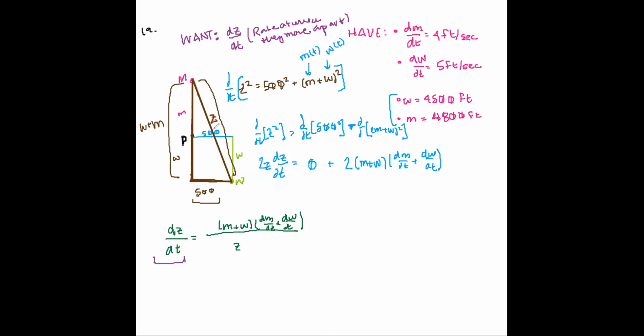All right. But now we know what w plus m is, and we know what 500 is, and we established that z squared is equal to w plus m squared plus 500 squared. So z is going to be equal to the square root of 500 squared plus w plus m squared, right?